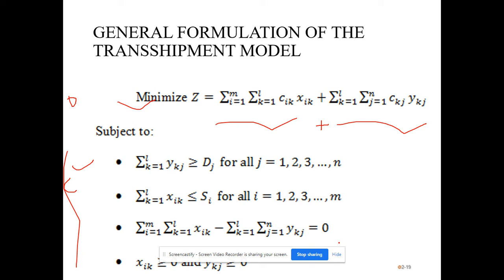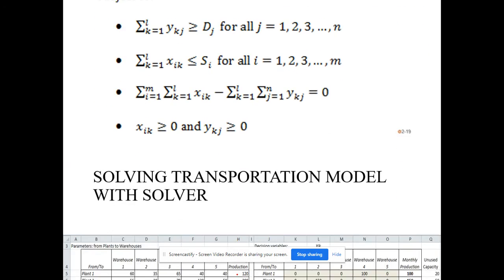So we don't want to hold anything in the warehouse. We make sure that everything is shipped to the retailer so that there is no error in the warehouse stage, and it's the most efficient system. And then we have the non-negative constraint that whatever shipment in stage 1 and stage 2, the number of units has to be more than or equal to 0.